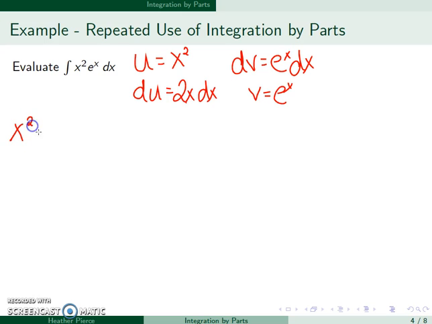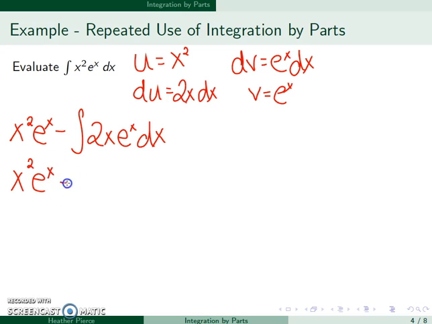So I have u times v minus the integral of v du. So 2x e^x dx. So I'll rewrite this as negative 2 times the integral of x e^x dx.